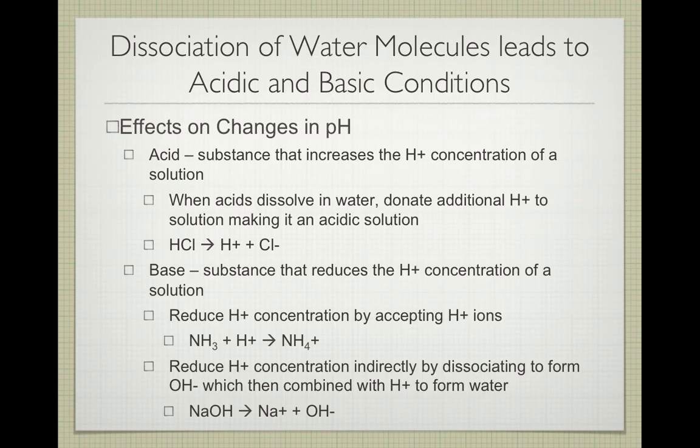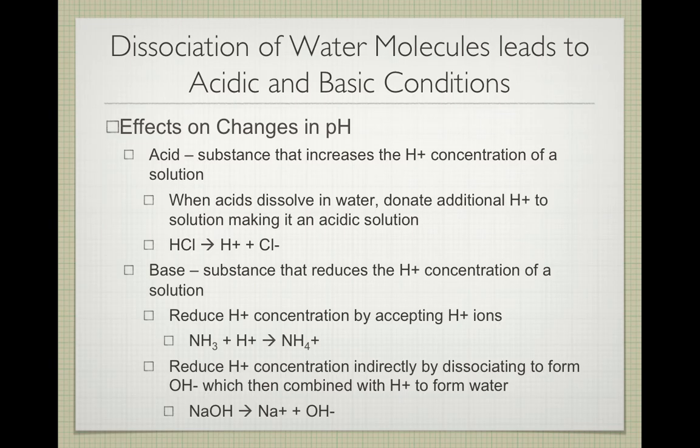So something like hydrochloric acid, HCl, dissociates into H+ and Cl-. So we're going to increase the number of H+ that water is already creating by adding something like HCl, some sort of acidic compound.